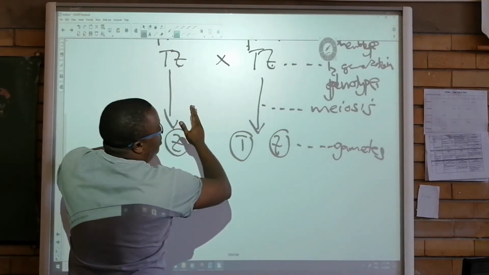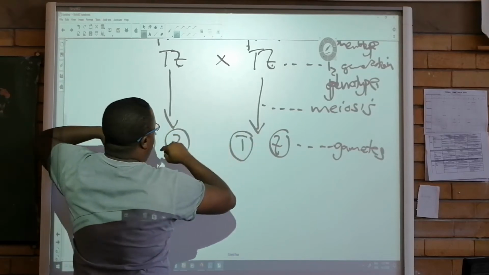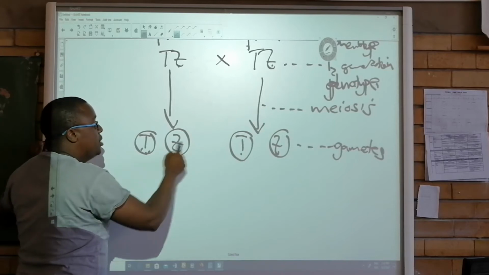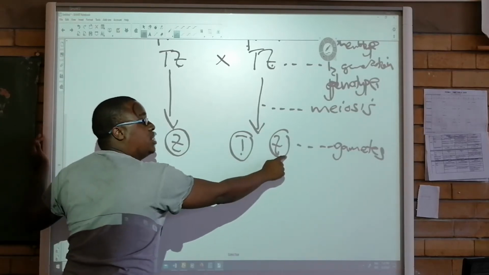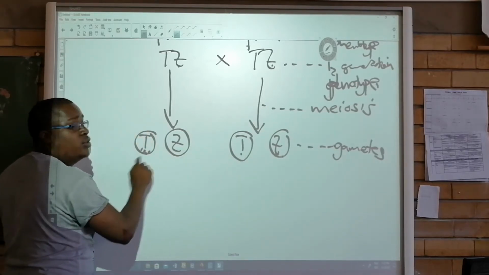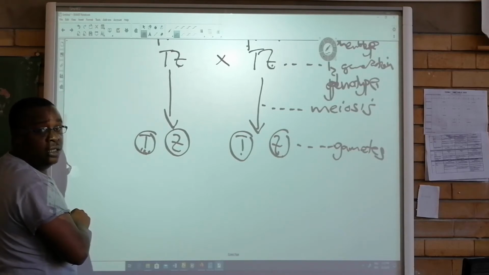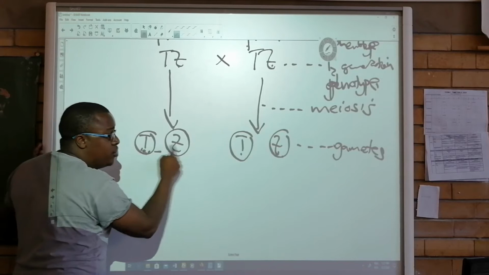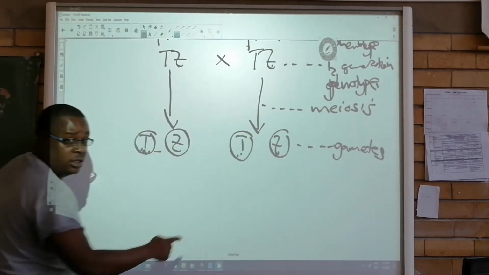Remember, this plant was self-pollinating. So this gamete can fuse with that one. This gamete can also fuse with that one. This gamete can't fuse with this one, because they're on the same side. So this gamete can fuse with this one, or that one.